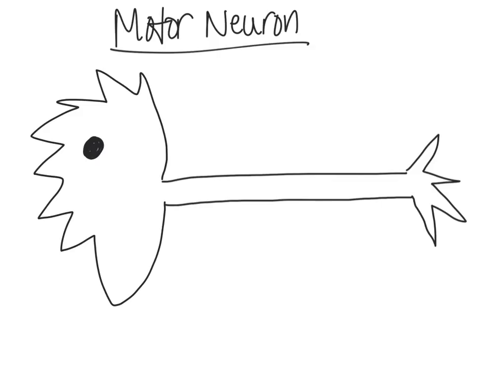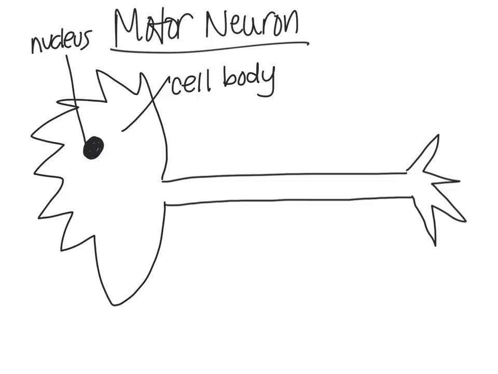So let's talk about these various parts of the cell. Again, we have the easiest to find, the nucleus. This is called the cell body. And these little finger-like projections are what we call dendrites.